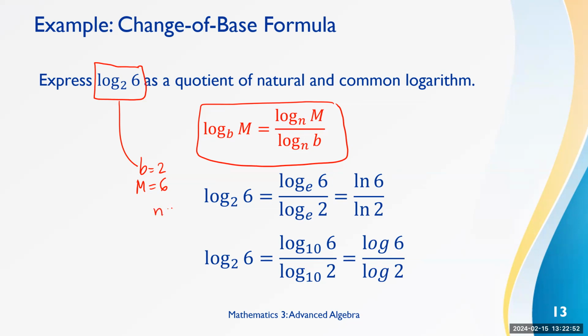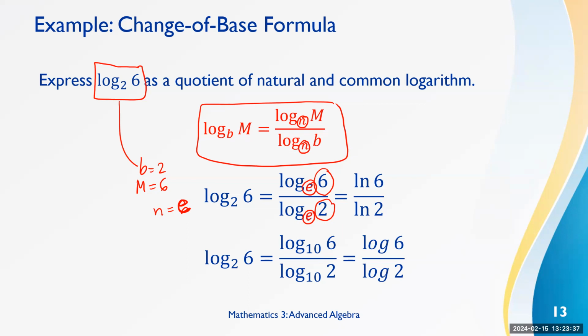So n here is e. That became our base. So log base e of 6 over log base e of 2. Again, m is in the numerator, b is in the denominator. And take note that our base here should be equal. If the base in the numerator is e, then the base in the denominator should be e also. So we can write this as ln 6 all over ln 2.